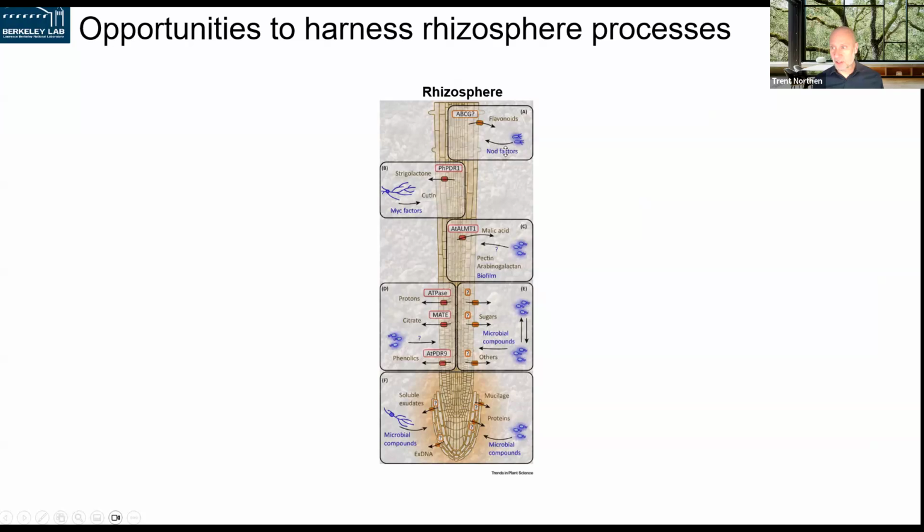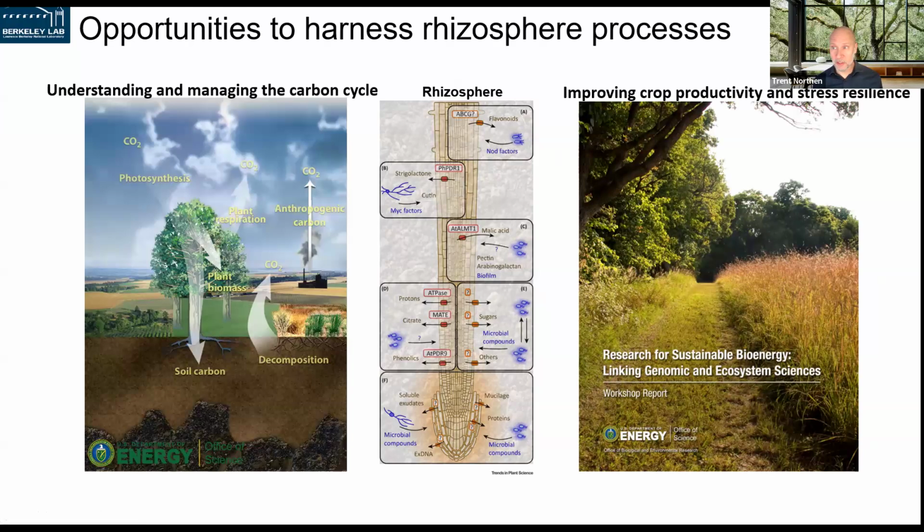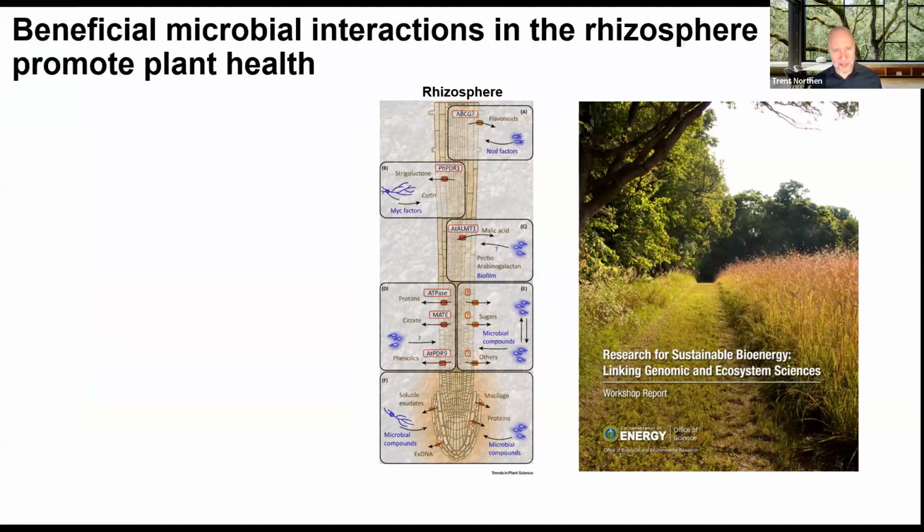You have nod factors that recruit specific nitrogen-fixing bacteria, so all kinds of factors. And because so much carbon is going into the environment, and because this is benefiting the plant by selecting for beneficial microbes, it's really critical for improving productivity and resilience. And because it's so much carbon, it's also really important to understand Earth's carbon cycle. And so this is why my lab is focused on the rhizosphere.